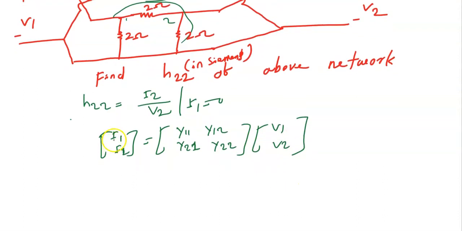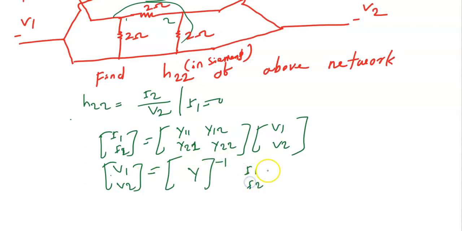Can I relate I2 upon V2 by putting I1 equal to 0 directly? No. So instead of doing this, I'll write the inverse of this equation. V1, V2 is equal to Y inverse times I1, I2. Clear?